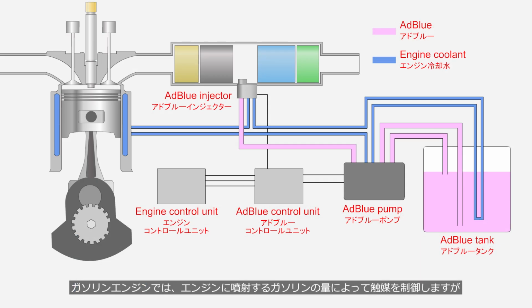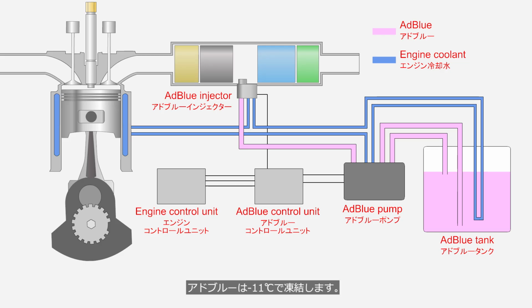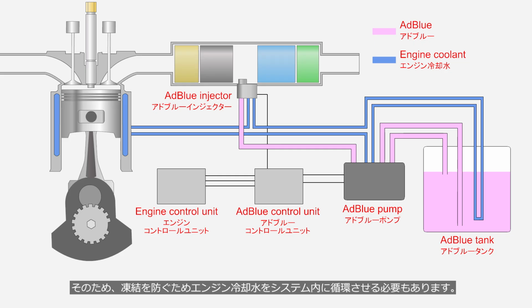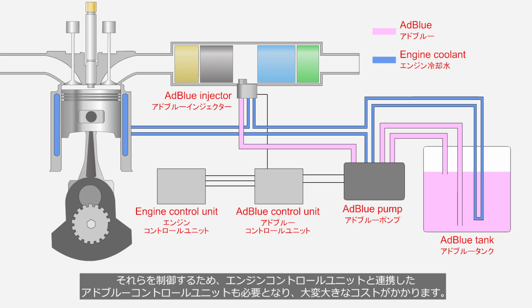In gasoline engines, the catalyst is controlled by the amount of gasoline injected into the engine, whereas an SCR catalyst requires a system to inject AdBlue. Additionally, since AdBlue freezes at -11 degrees Celsius, it is necessary to circulate engine coolant through the system to prevent freezing. To control these systems, an AdBlue control unit that works in conjunction with the engine control unit is also required, resulting in significantly higher costs.